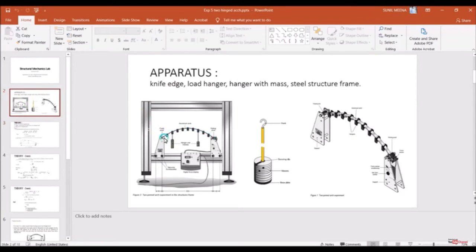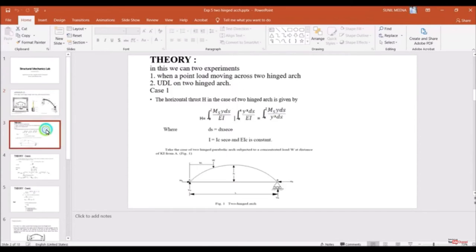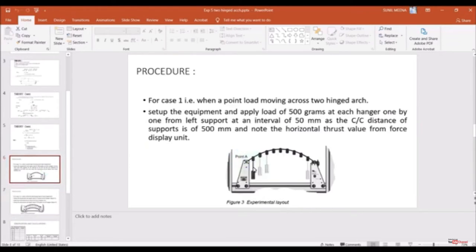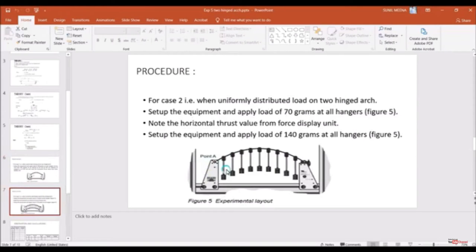In the second case, the arch is subjected to a uniformly distributed load. So in the first case, one unit load will be moving from one end to another, and in the second case, there will be a uniformly distributed load throughout this span.